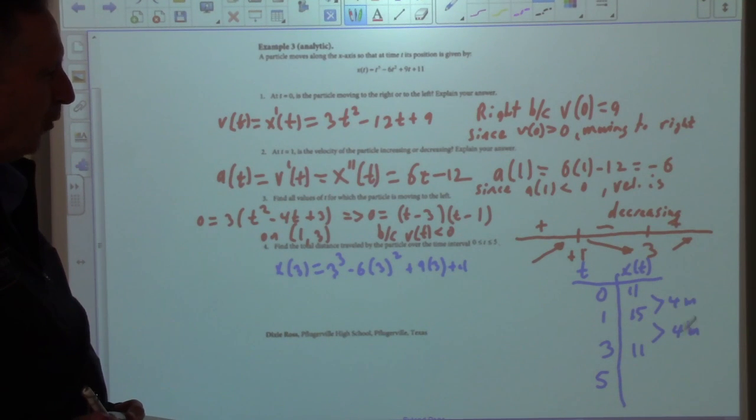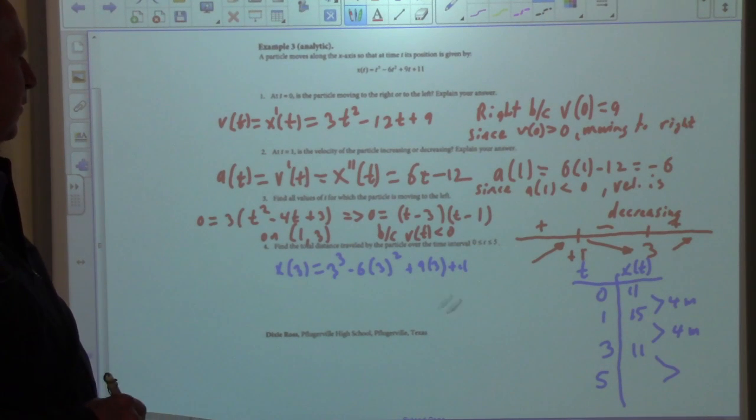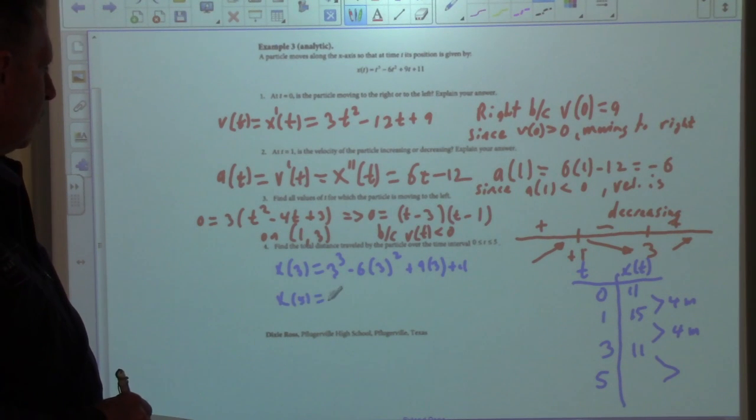So we went 4, 4, and then to find out how far we went in our last stretch and where we are, we put x of 5. It's 31. 5 cubed minus 6 times 5 squared plus 9 times 5 plus 11. And you said it's 31, Aaron? 31.